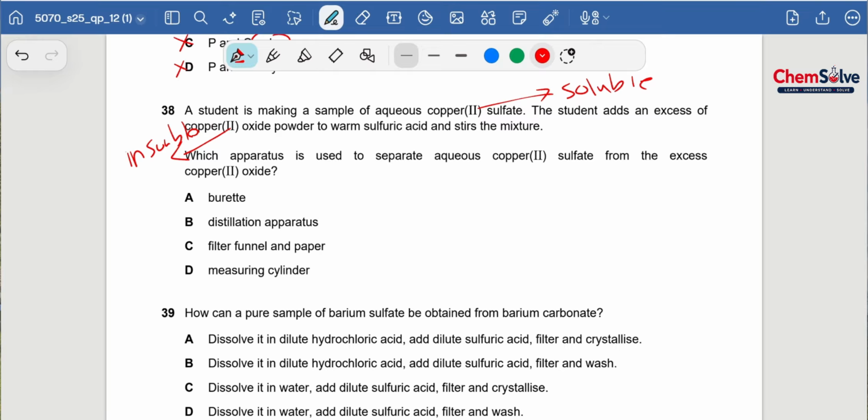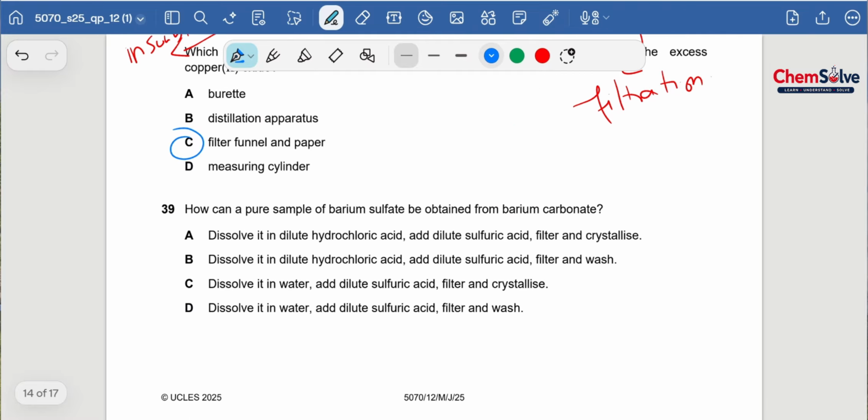So when we have to separate a soluble substance from an insoluble substance, the process that we use is filtration. And for filtration, we just need a filter funnel and paper. So all other options don't make any sense. Now move to question number 39.